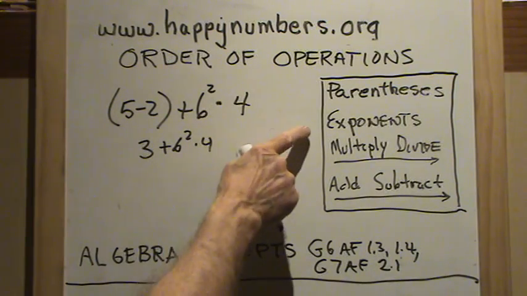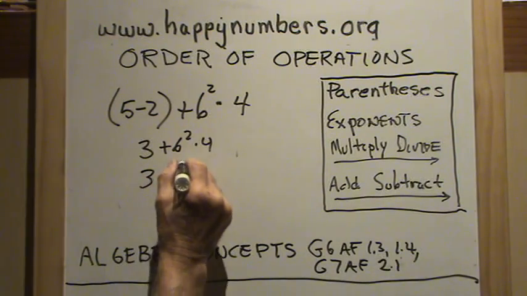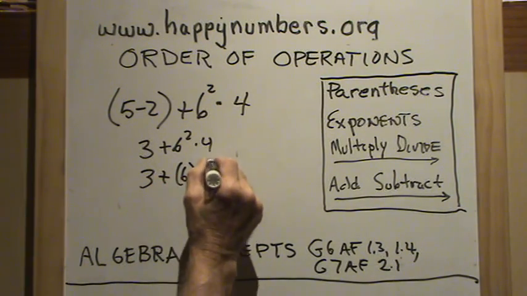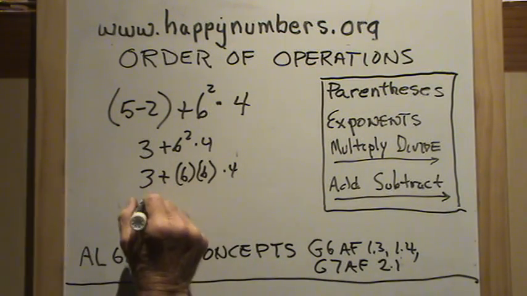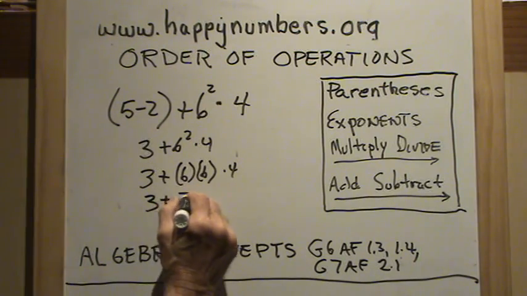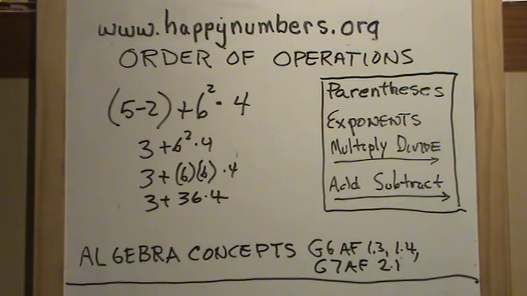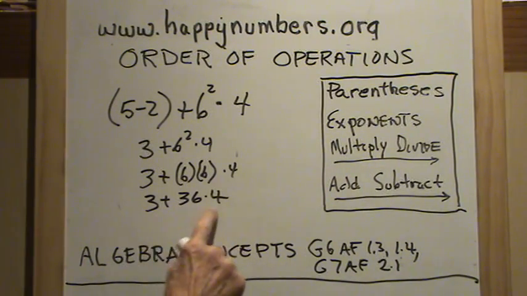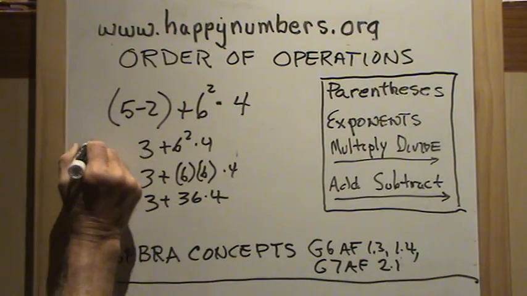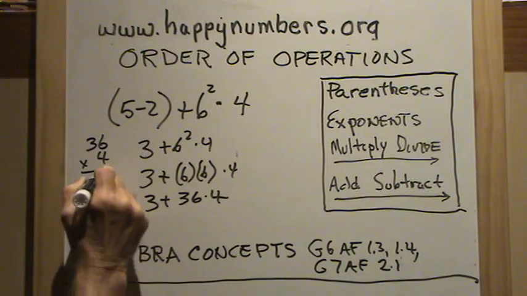Okay. Now, the second thing is exponents. So we would do 3 plus 6 times 6 times 4. Well, 6 times 6 is 36, so 3 plus 36 times 4. Now we've done our exponent. Now we do multiplication or division. There is no division, but we do have multiplication, so we have 36 times 4. 4 times 6 is 24.